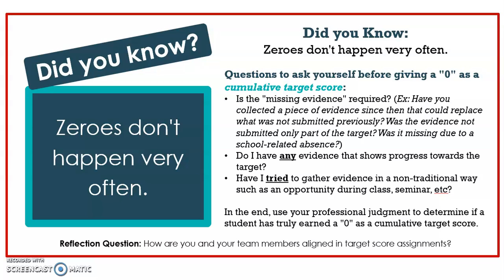Or was it missing due to a school-related absence? You might also ask, do I have any evidence that shows progress towards the target? Or have I tried to gather evidence in a non-traditional way, such as an opportunity during class, seminar, etc.? In the end, use your professional judgment to determine if a student has truly earned a 0 as a cumulative target score.